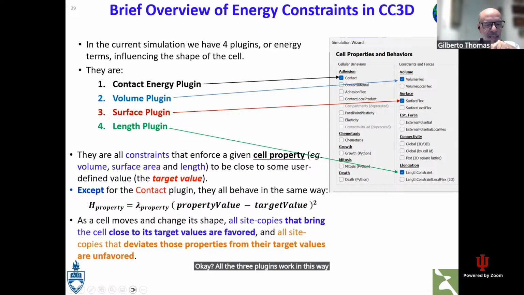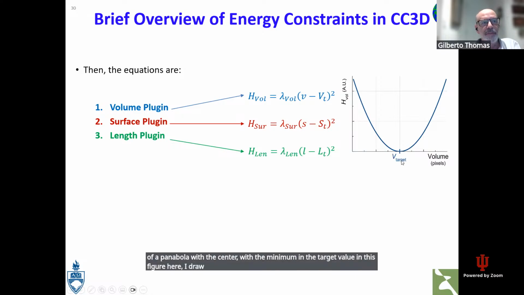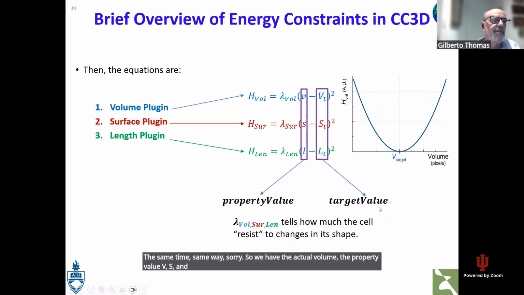Let's go on and analyze a little bit more. So here's how it works. See, this is the curve of the function of a parabola with the minimum in the target value. In this figure here, I draw only the volume plugin, but all the others work in the same way. So we have the actual volume, the property value, V, S, and L, and the target values, VT, ST, and LT.